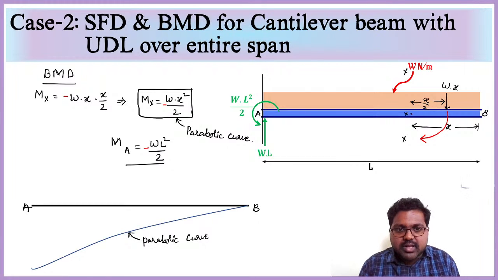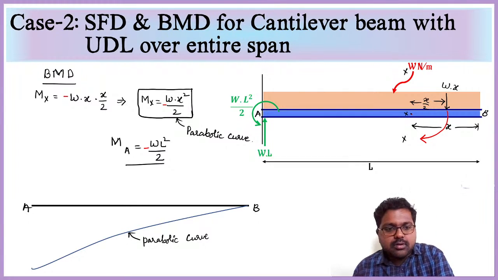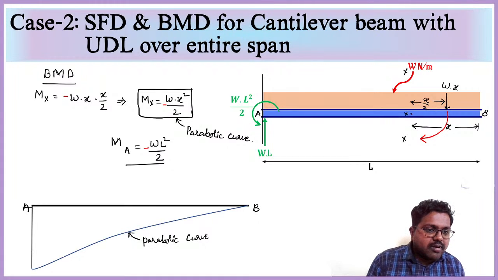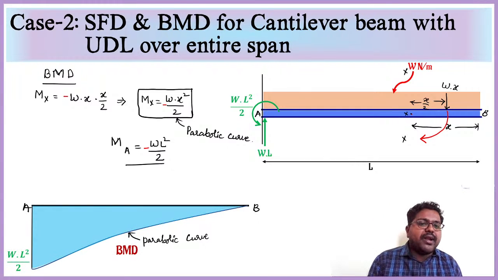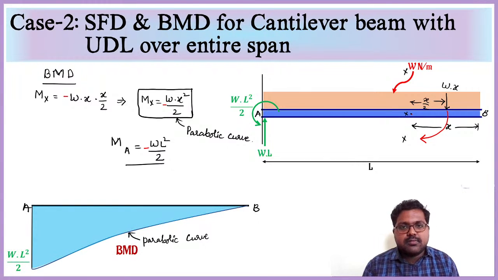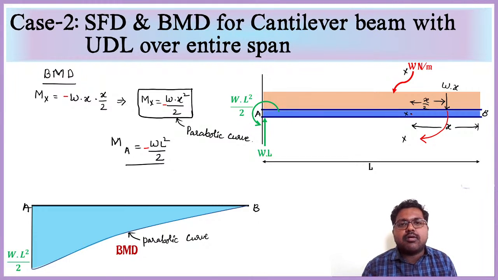This movement, whatever the movement has generated here, we are having for this clockwise movement, anti-clockwise movement is acting at reaction. So bending moment diagram, it will go to 0 again.